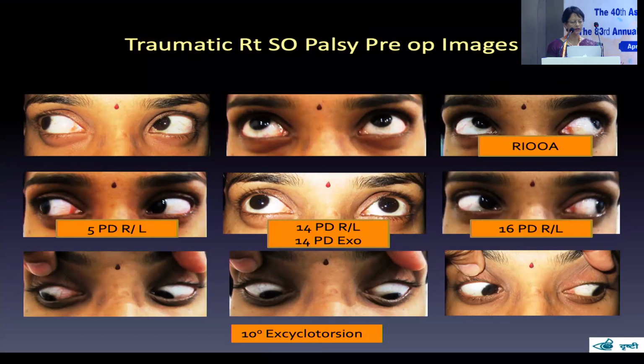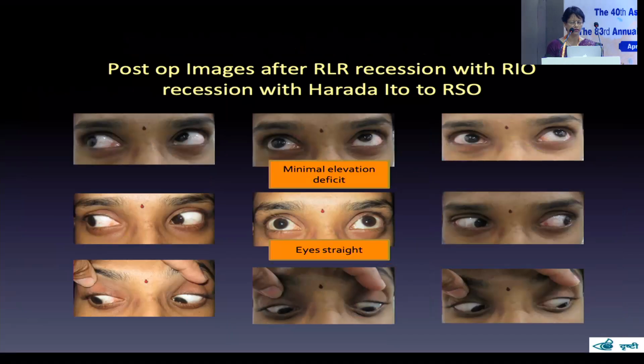Now this was a case of traumatic right superior oblique palsy. She had an exodeviation with hypertropia, R by L, and about 10 degrees of excyclotorsion. These are the post-op images after doing recession of the lateral rectus, inferior oblique recession with Harada-Ito to the right superior oblique.